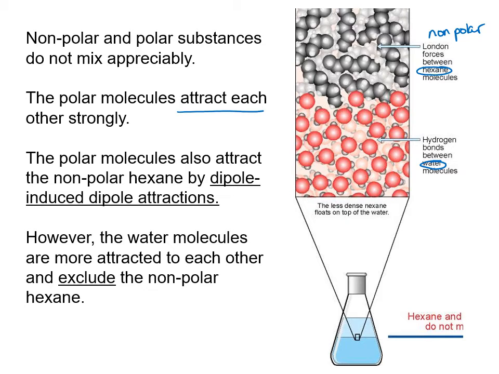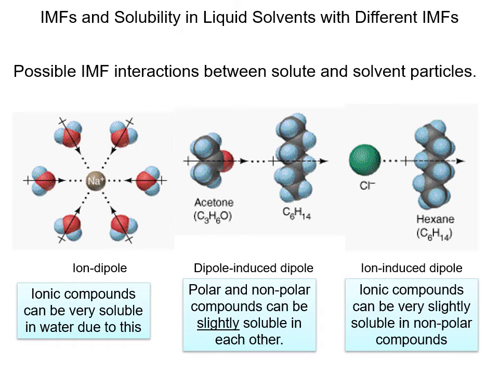However, the water molecules are more attracted to each other, and they actually exclude the nonpolar hexane. So the water molecules would prefer to adhere to each other than to adhere to the hexane. You can have solubility when you have different types of IMFs, but the solubility is going to be different.